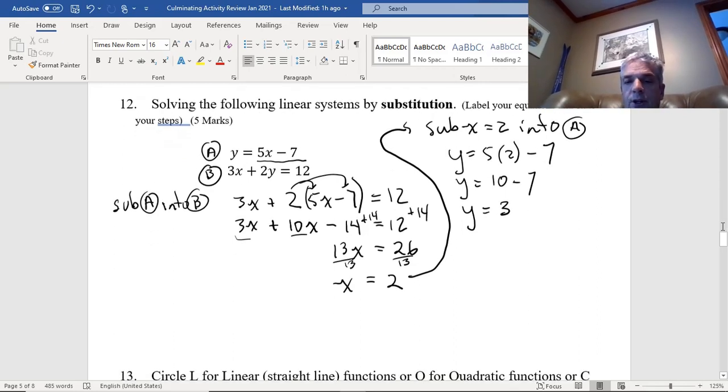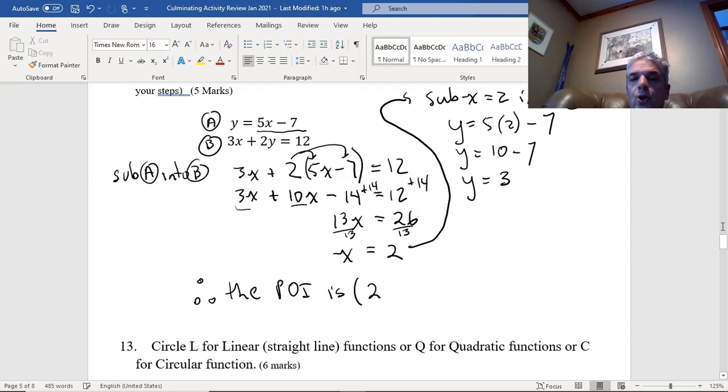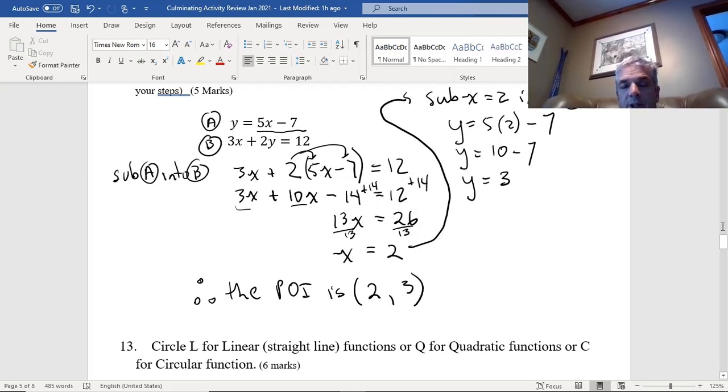All I have to do is write my therefore statement, my POI. So I say, therefore, the POI, which stands for the point of intersection, is, and it's a coordinate, 2 and 3. And we are done the question. We have solved the equation or solved the linear system.